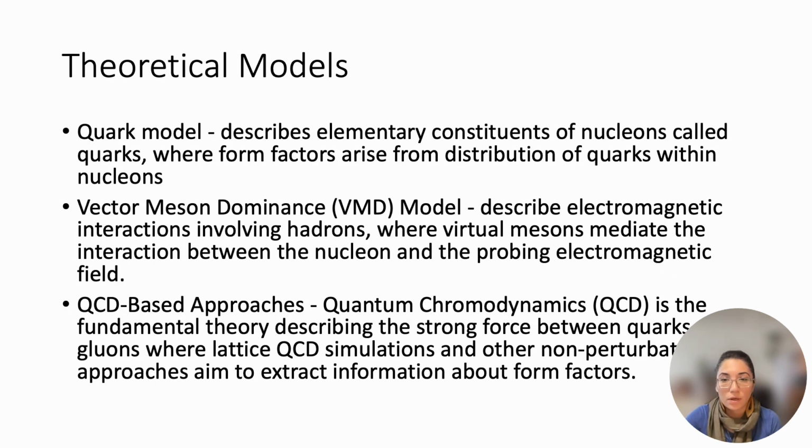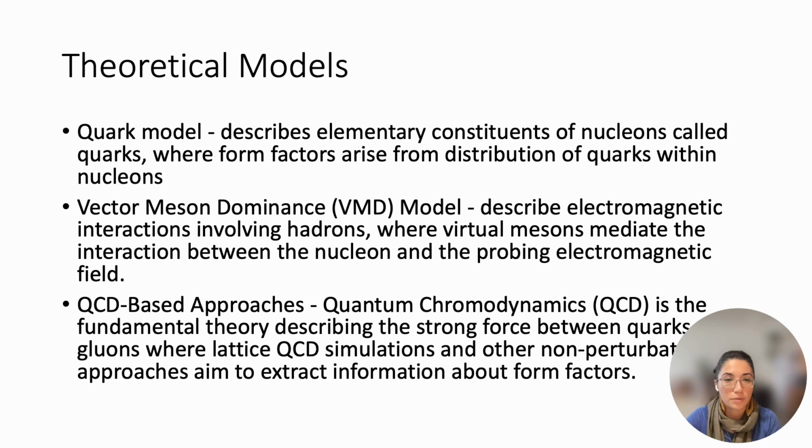Theoretical models play a crucial role in describing and predicting form factors and provide a framework that helps interpret experimental results and helps us understand the underlying physics that governs the distribution of charge, magnetization, and other properties within particles. So to name a few, here are some theoretical models commonly used in the study of form factors.